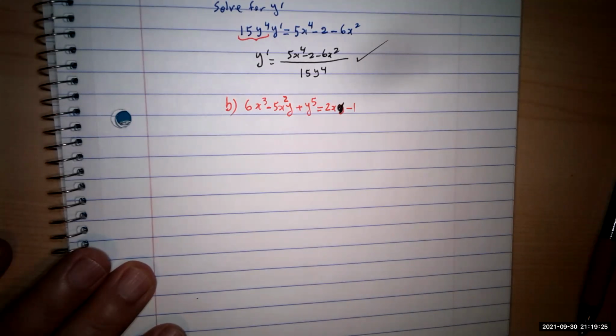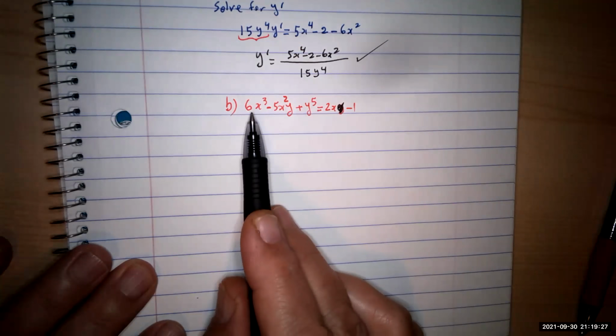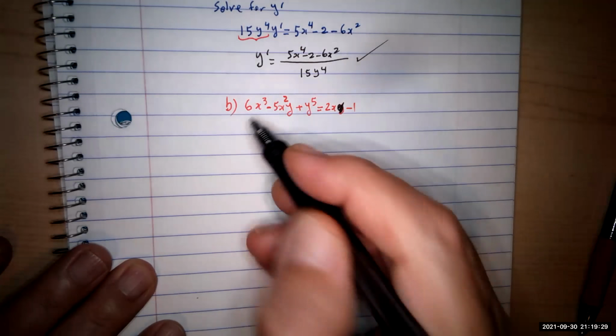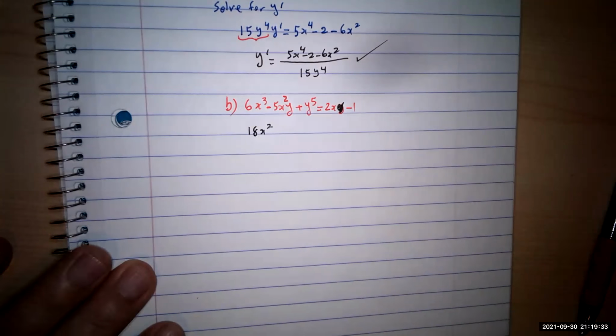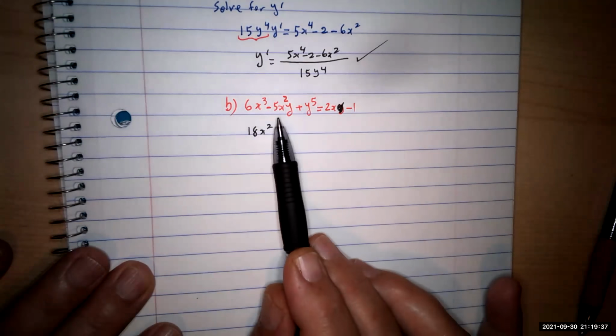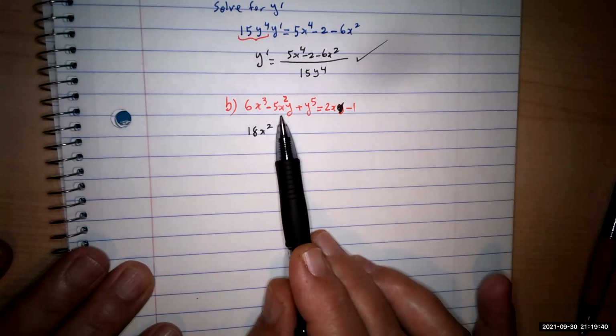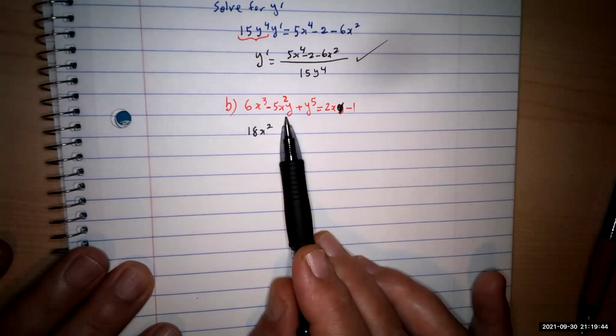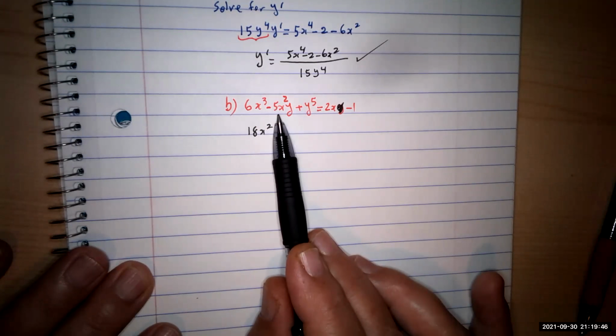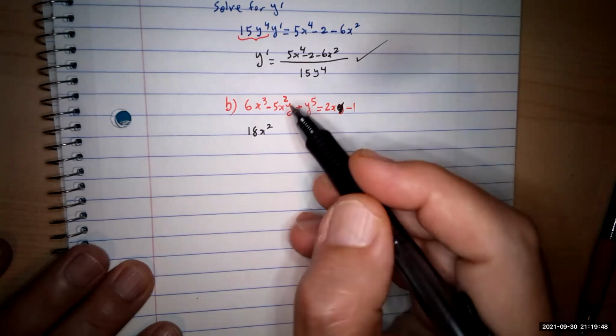Now we differentiate. Again, the same thing here. The first one: 3 times 6, 18, 18x squared. Done. Now the tricky one is this one. It is a product of two functions. The first function is 5x squared and the second function is y. So we apply the derivative of the first times the second, plus the second times the first.